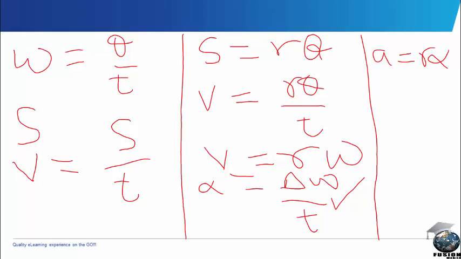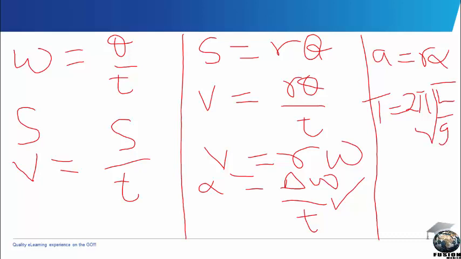Furthermore, I would like to place the equation of period when we are discussing simple harmonic motion, which says that T is equal to 2 pi square root of L all over g.